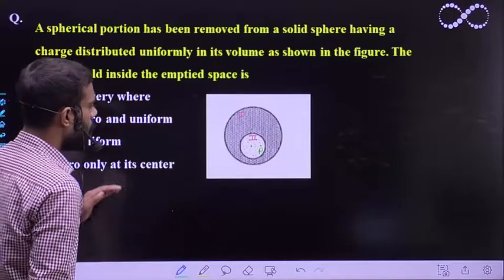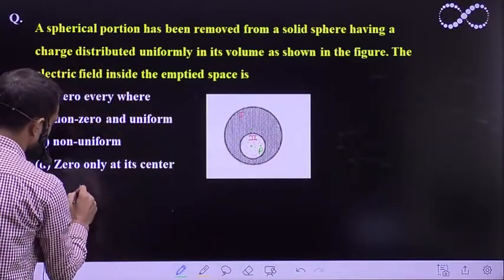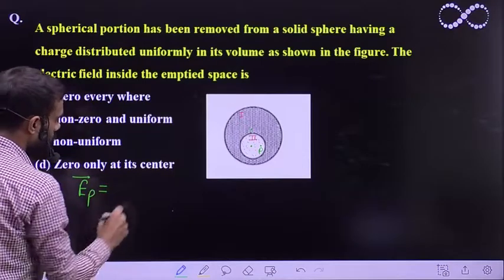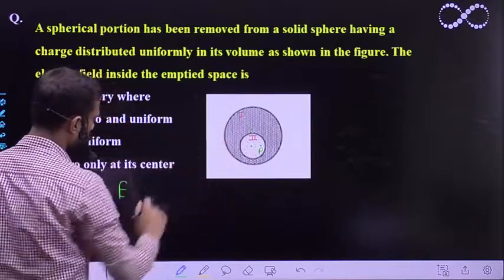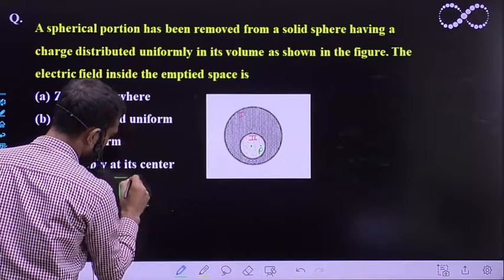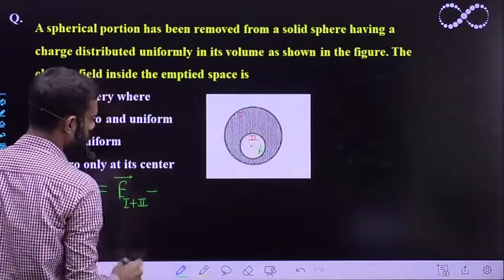Now I can say the electric field at point P will be equal to the electric field due to the whole sphere, that is 1 plus 2, minus the electric field due to part 2.